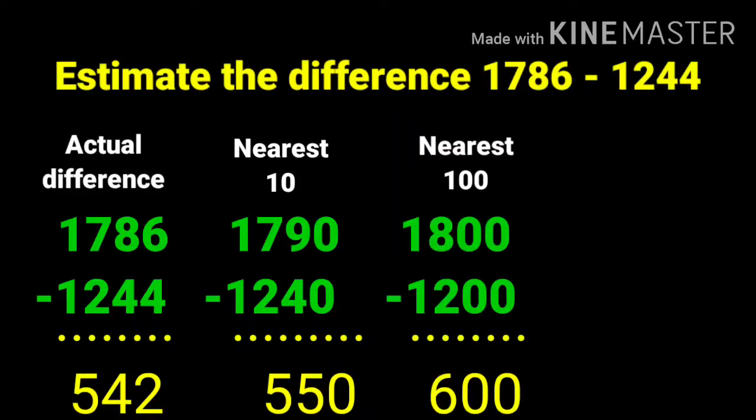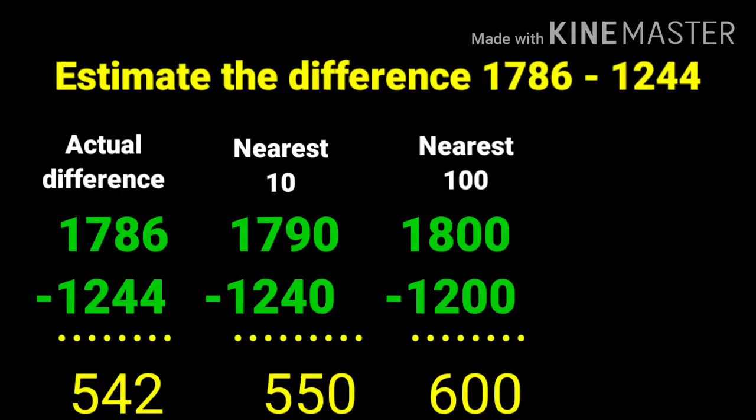Now see the estimated difference to the nearest 100. Now we have to round 1786 to the nearest 100. 1786 lies between 1700 and 1800, and 1786 is nearer to 1800. So 1786 is rounded off to 1800.